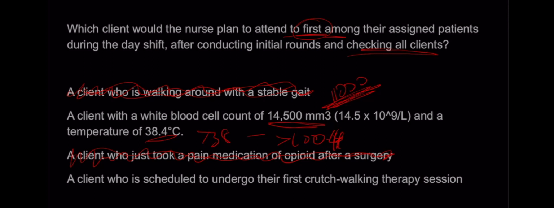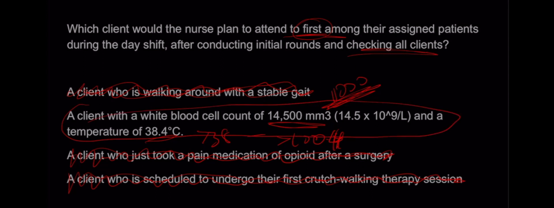A client who's scheduled to undergo their first crutch walking therapy session. That's a physical therapy issue. And that's not us. So, client with a white blood cell count of 14,500 and temperature. These guys are almost getting SIRS positive, getting septic. All right. So that's priority.